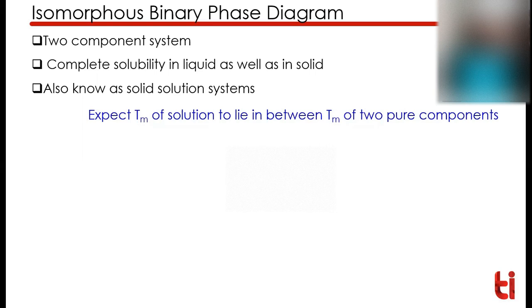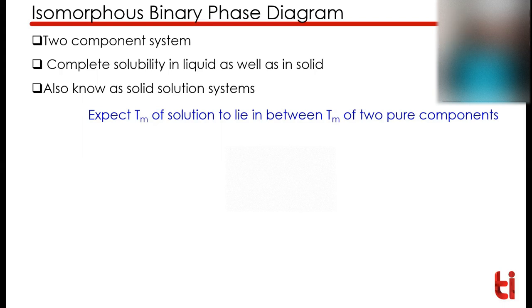Now, the statement I have written here in blue color is: expect Tm, the melting point of the solution, to lie in between Tm of the two pure components. What it means is, suppose I'm taking copper and nickel, they have their respective melting points. If you mix them, their alloys will have a melting point in between that range only.